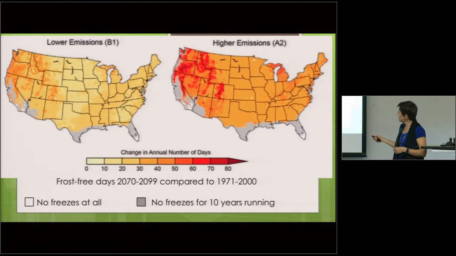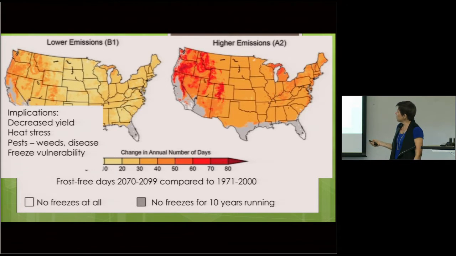The white areas are places that will have no frost ever. Okay, Miami, we usually don't have frost anyway, but the gray areas are areas that will have no frost for 10 years running, but may have frosts sometimes. So that has implications for a lot of things.